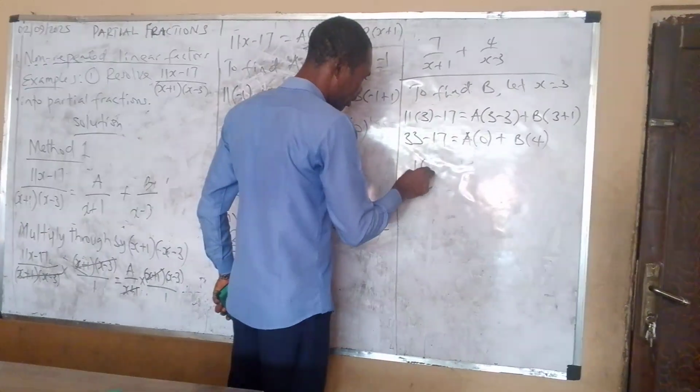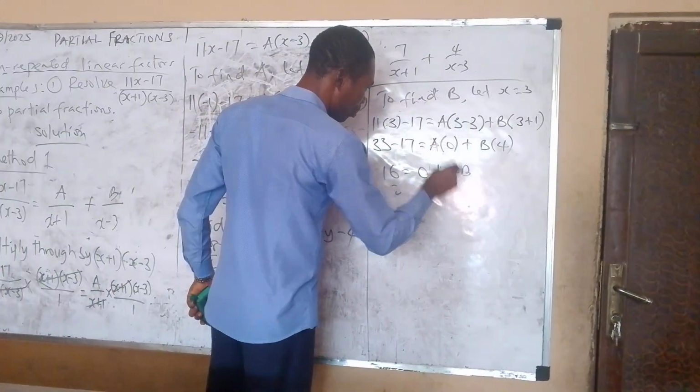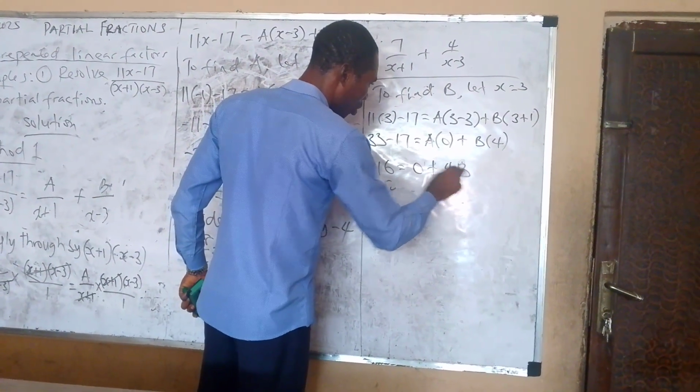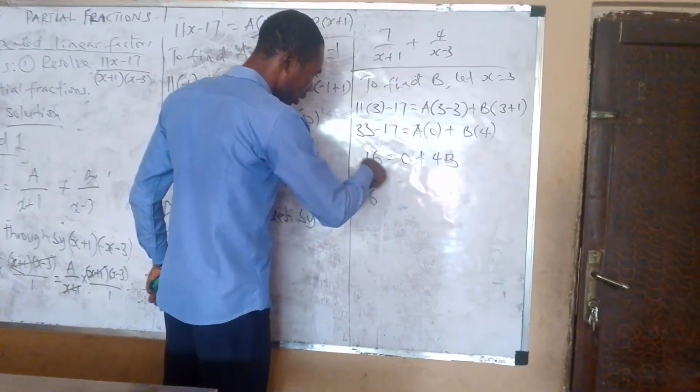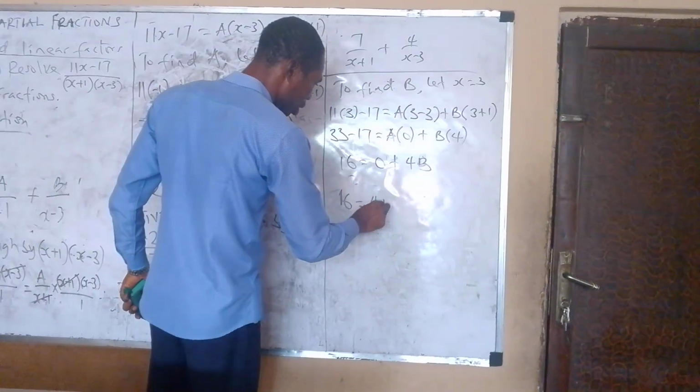This will give us 16 equals 8 times 0 is 0. This will give us 4b. It is 4 times b. This will give us 16 equals 0 plus 4b, which remains 4b.